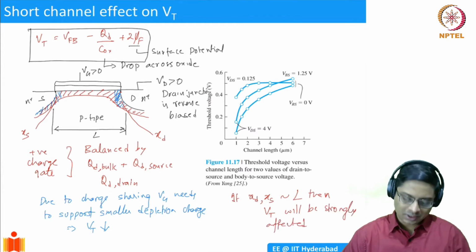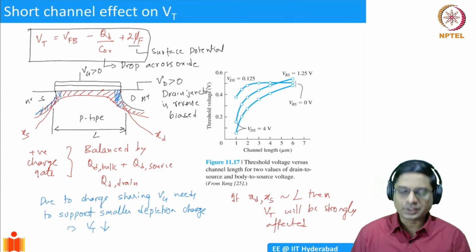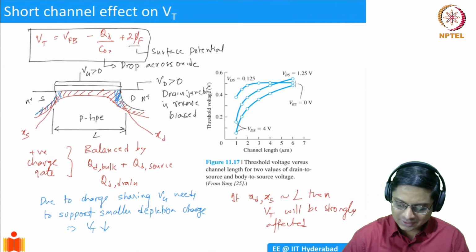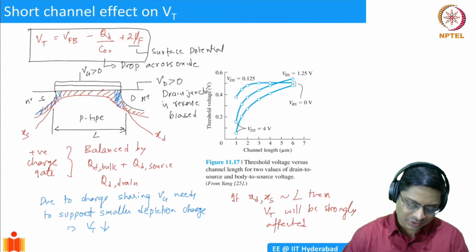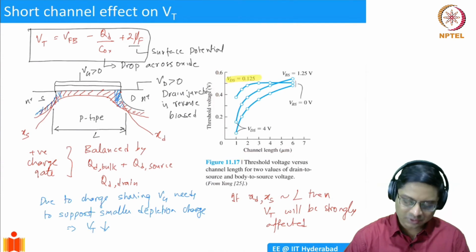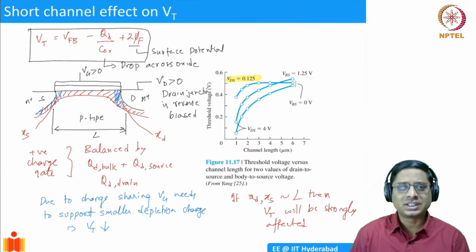And that's what we see here. In the graph here, we are showing different VTs for different channel lengths. So the x-axis is the channel length and the y-axis is VT. As you reduce the channel length, what happens? Let's take the first case, where the drain bias is very small, 125 millivolts. So let's assume that it's in the linear regime.